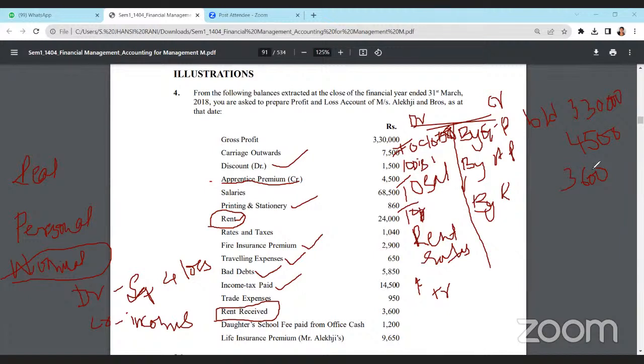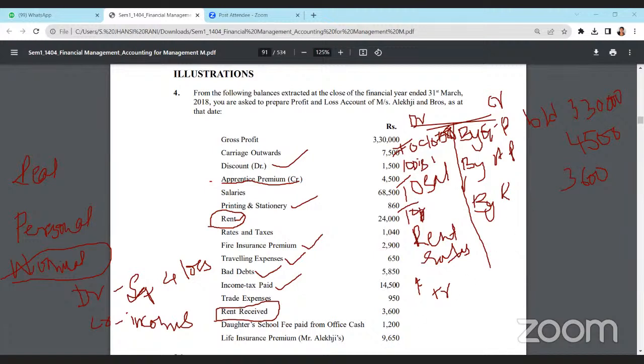With whatever amount the business is commenced, at the commencement of business, whatever investment has been done by the owner, we call it capital. And whenever anything is taken by the owner from the business, it will be deducted from the amount invested by the owner. So we'll deduct it from capital.